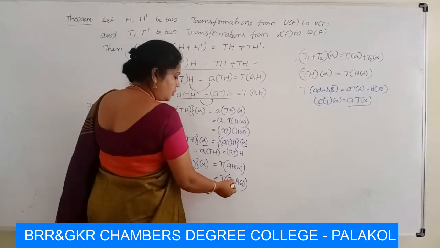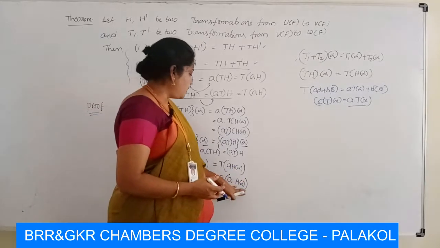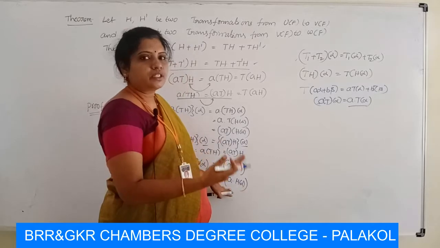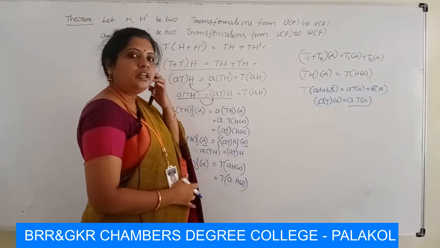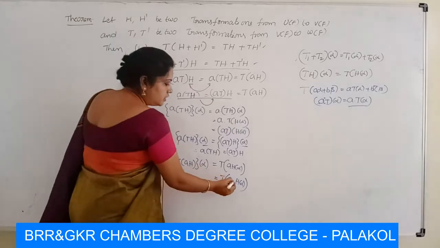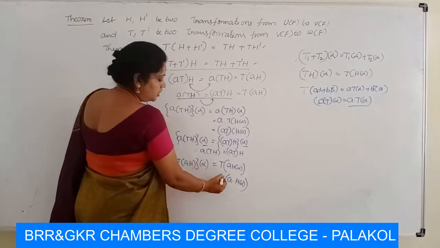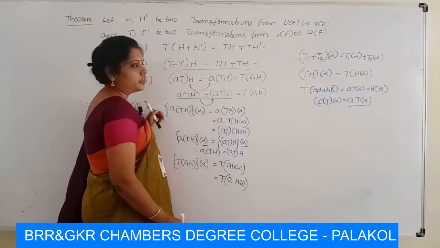Here a into h of alpha is a vector in V; a into h of alpha is scalar multiplication with a vector, which is again a vector. T is a linear transformation.